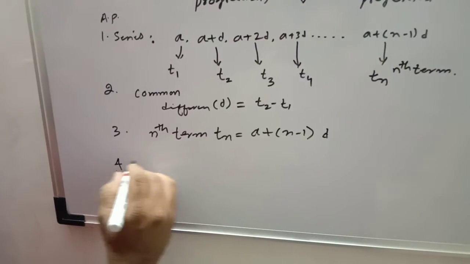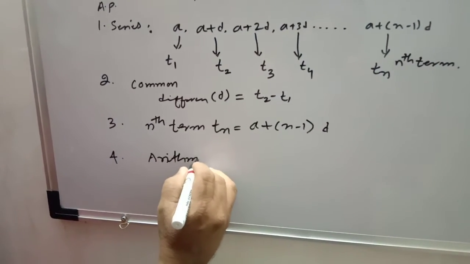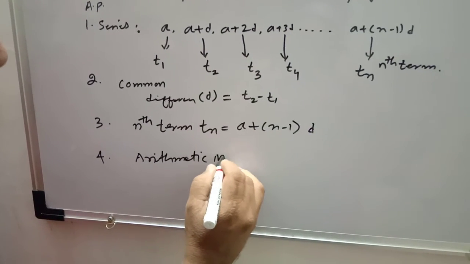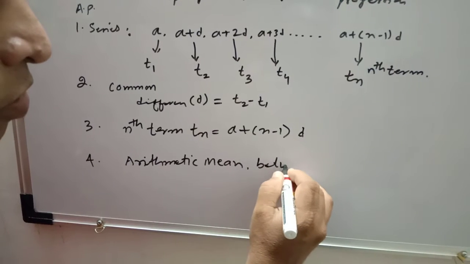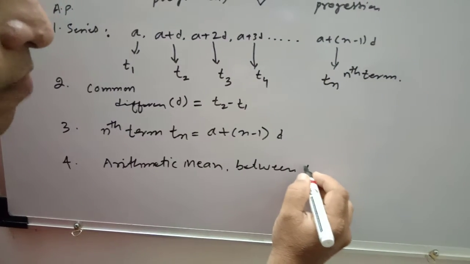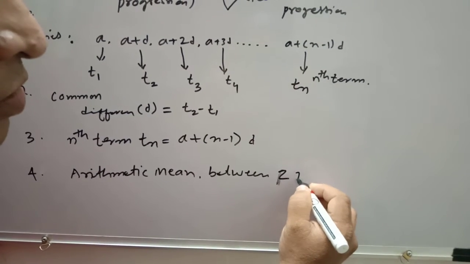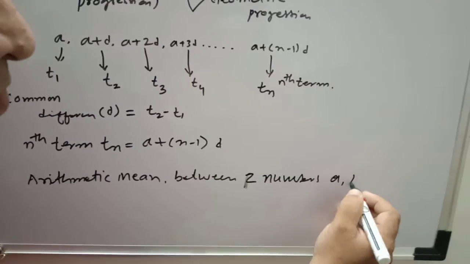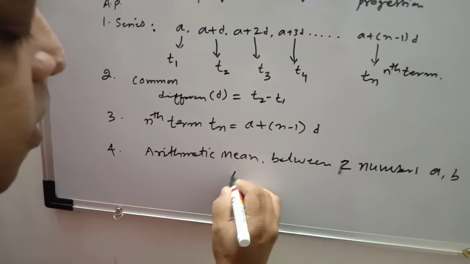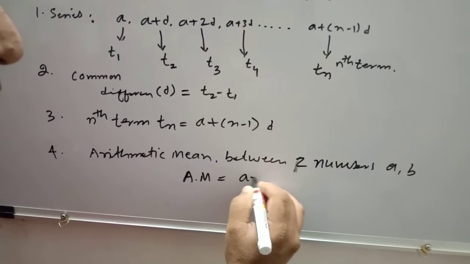And fourth is the arithmetic mean between two numbers A and B. AM is equal to (A plus B) by 2.